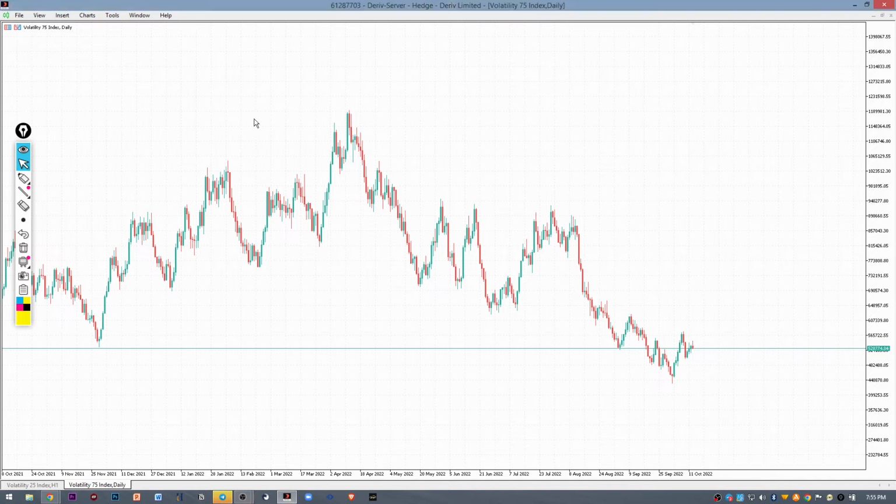So what we could have seen right here, guys, with the Volatility 75, is that price is slowly creating lower highs and lower lows. Here we can see our last previous high and low that price was creating, and this was our higher high. Here we have our first structure break.